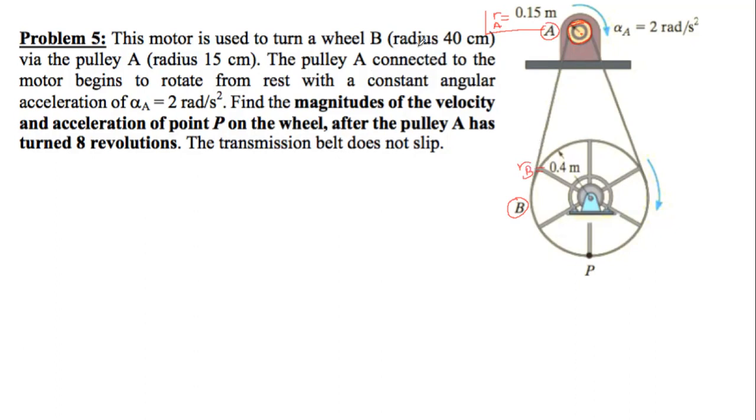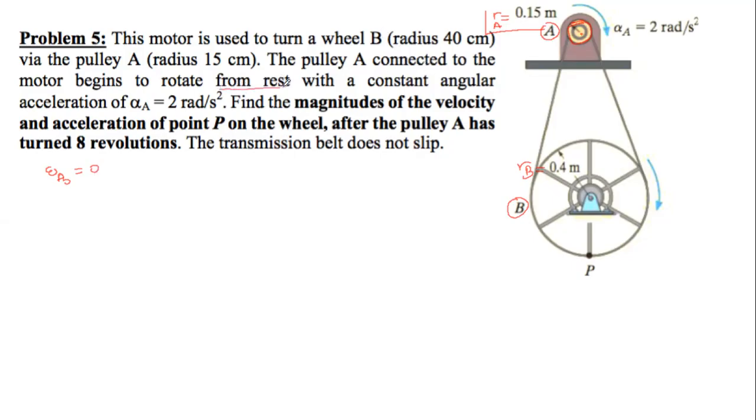So the pulley A, which has a radius of 15 centimeters, is connected to the motor, as you can see. The pulley A connected to the motor begins to rotate from rest. So I know initial omega A, omega A0, is 0. Do you all agree? Great.